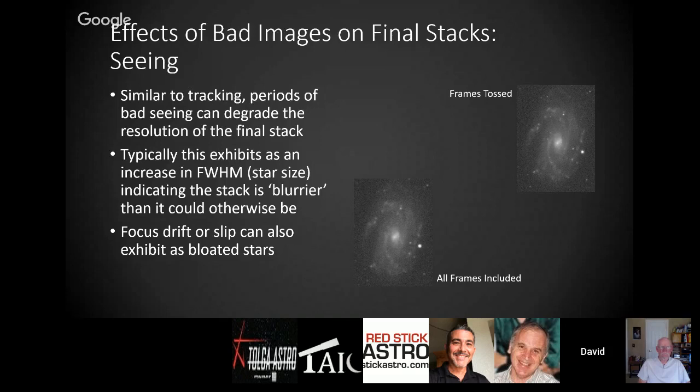Now in this case, some of it was due to seeing on particular nights, and some of it was due to focus issues where the focus was slipping, and you could actually see it slip a little bit, and suddenly the next frame would have some really bloated stars on it, right? You can tell just from the pictures that the frame on the right is quite a bit noisier than the frame on the left, but it's also a lot cleaner.